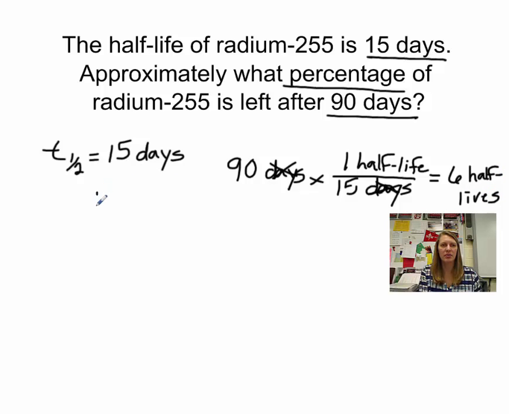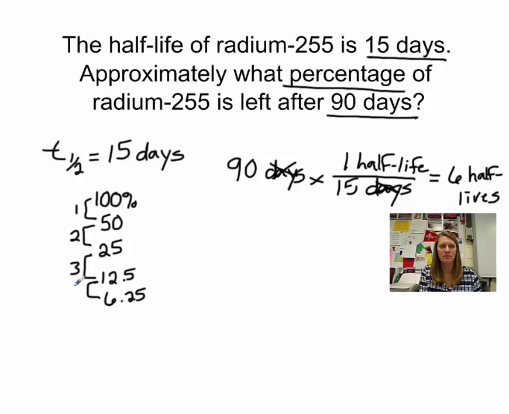So now if I start with my 100%, because you're always going to start with 100% of a sample, and I keep breaking it down, it's going to be 1 half-life, 2 half-lives, 3 half-lives, 4, 5, and I need one more for my 6 half-lives, and that's going to be approximately 1.56.